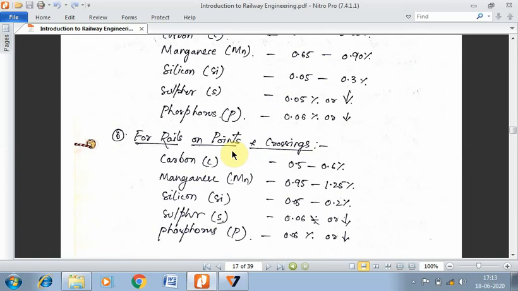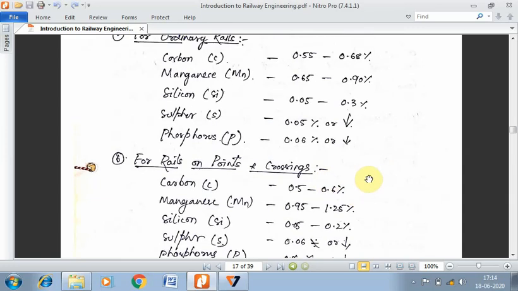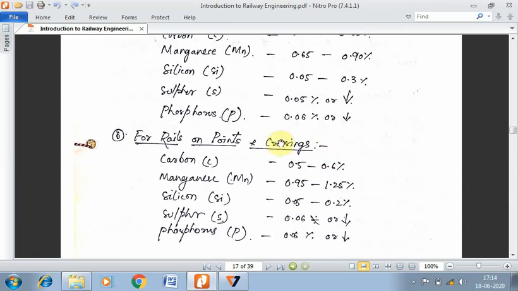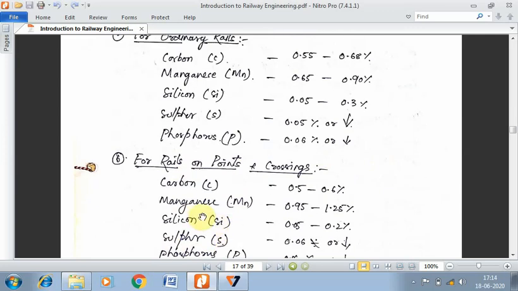Now when you are trying to use these rails in places like points and crossings, where the rails will be crisscrossing each other, especially in railway stations, you might have seen there will be a lot of wear and tear taking place, and hence you expect the rails to be much stronger and harder, right? That is why you can expect a change in the composition. You can observe that the manganese percentage is increased.